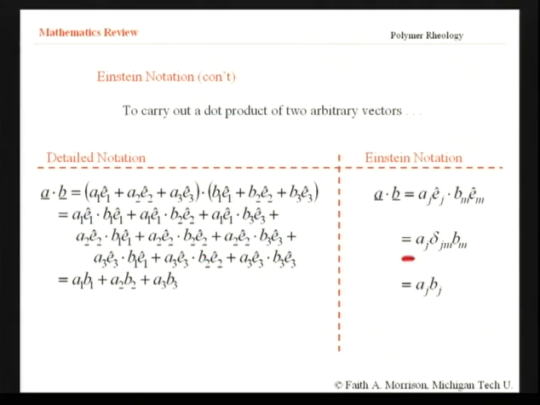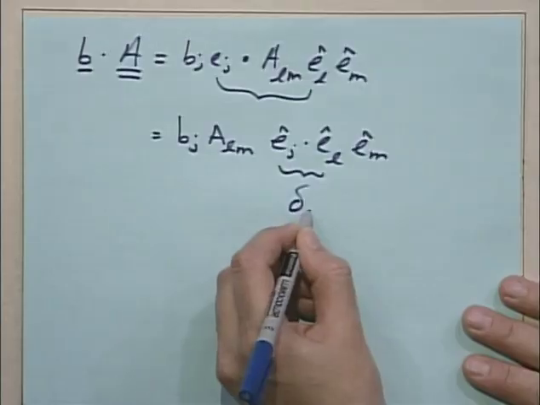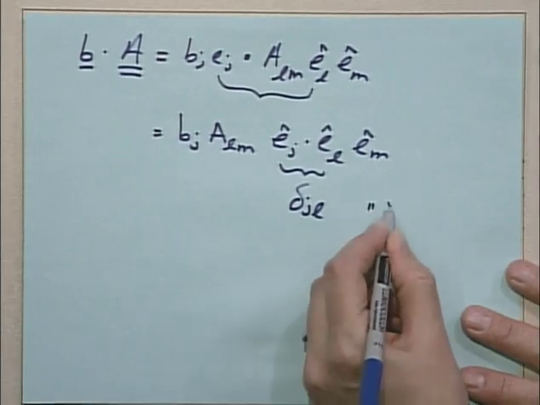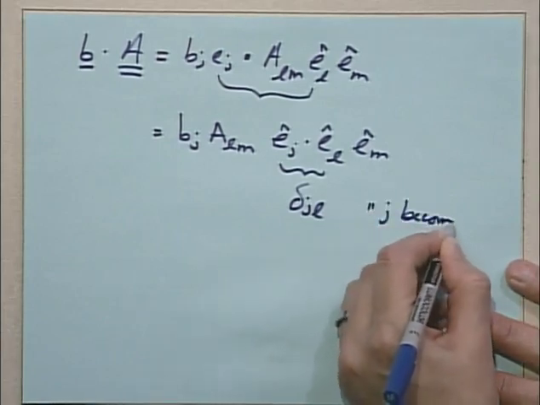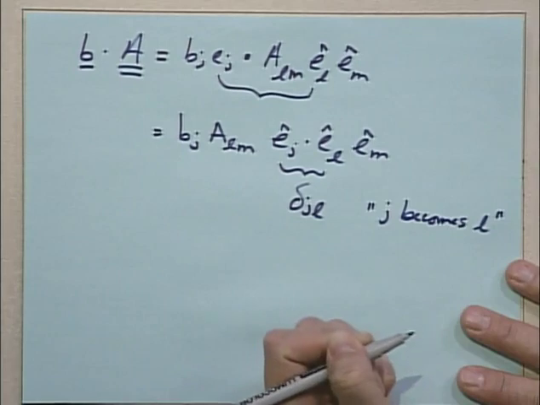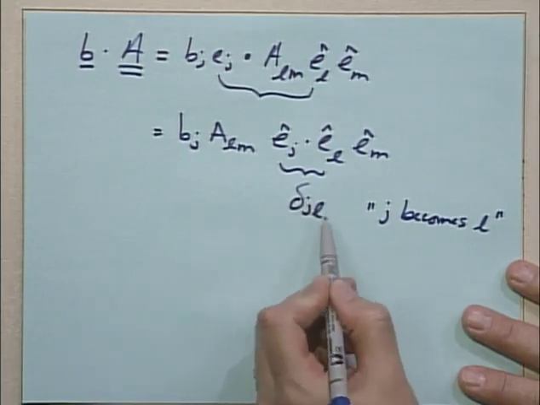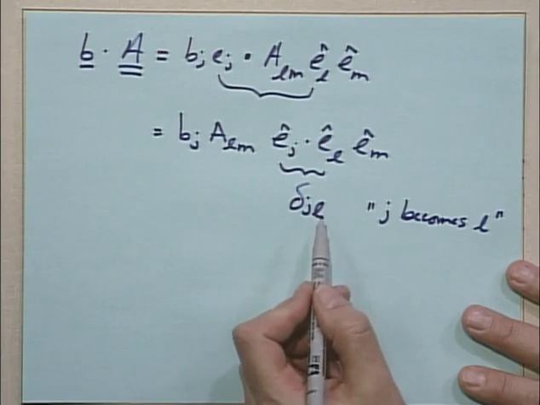So what do I write? Delta JL. Right, delta JL. So we read that as J becomes L, because we don't need J and L. This delta JL goes to 0 whenever J and L are not the same, so we don't need them both.